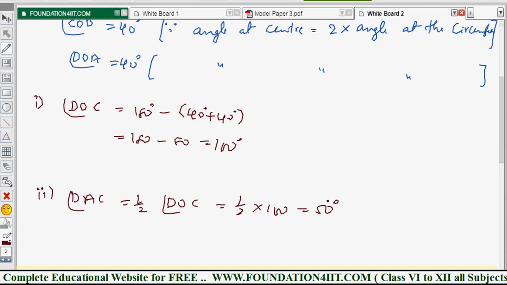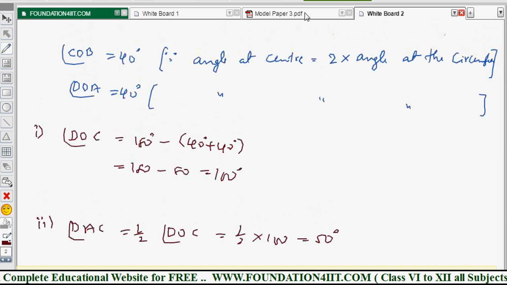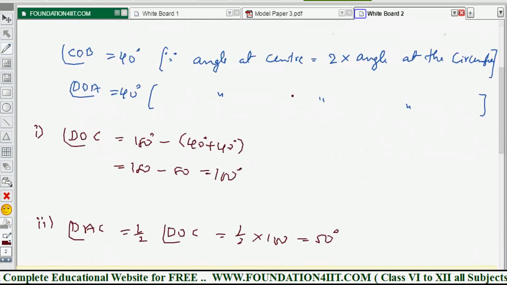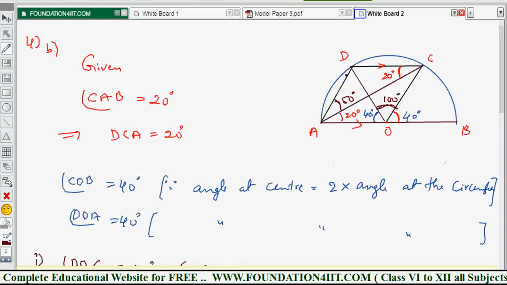Same rule. Next, we need to find the third one, angle ADC. You see here, angle ADC, this angle we need to find out. Observe triangle ADC. Already this is 50, this is 20. The remaining is 180 minus both, because the sum of the angles in a triangle is 180 degrees.